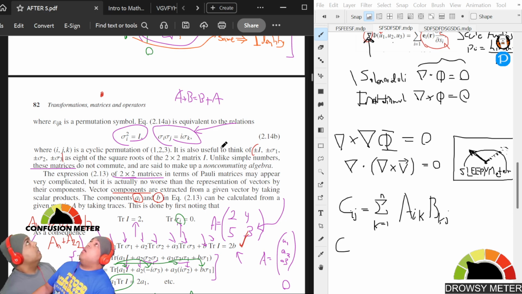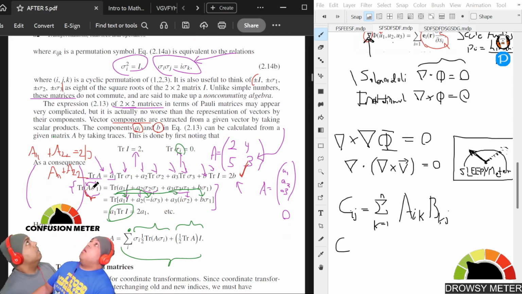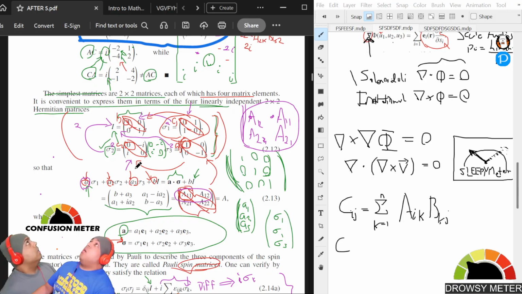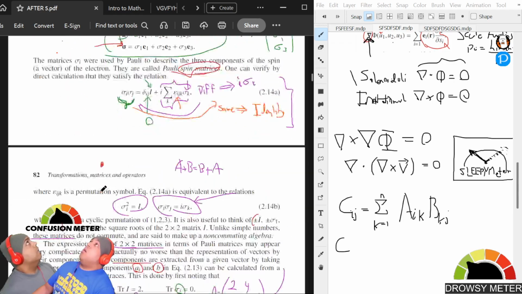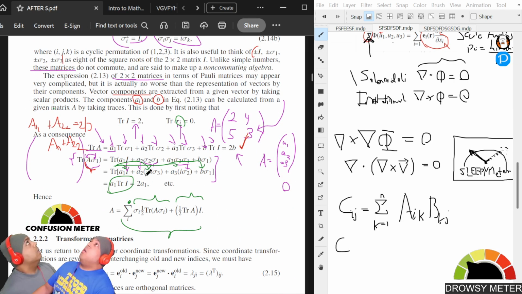But why are we finding the trace of A row 1? Trace of A row 1 equals trace of A1 row 1, A2 minus I row 3, and so on, trace of A3.